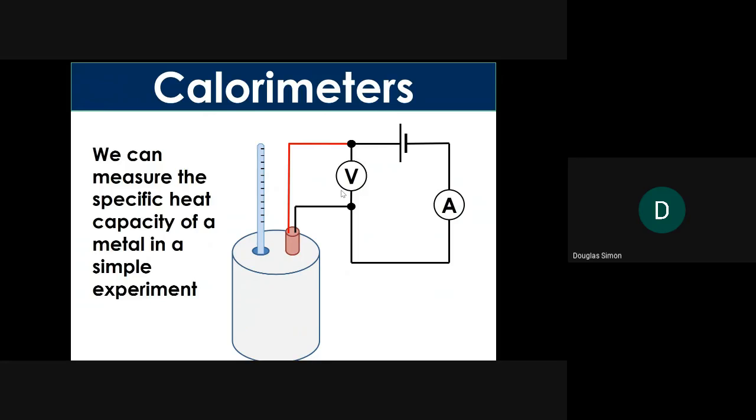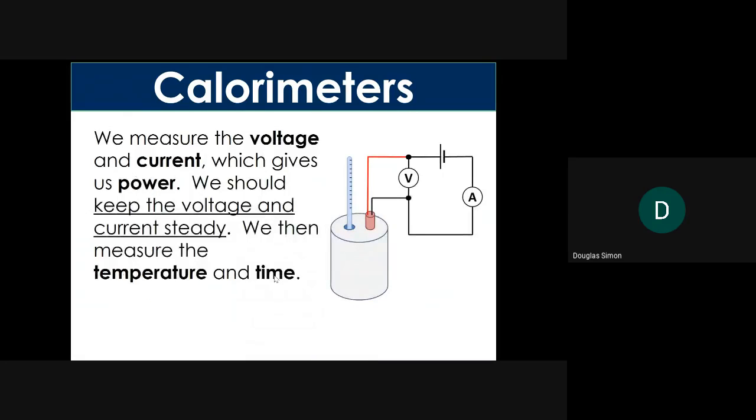So we can work out the amount of energy that we put in. We can see how much the temperature changes in response to that energy. And of course, we can then work out the heat capacity for this material.